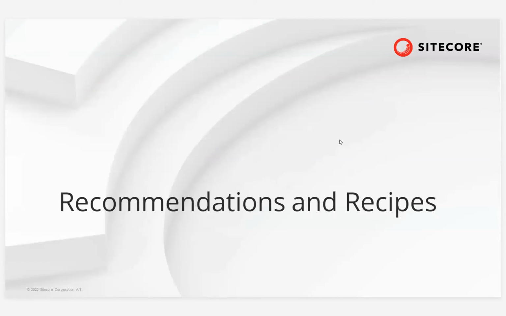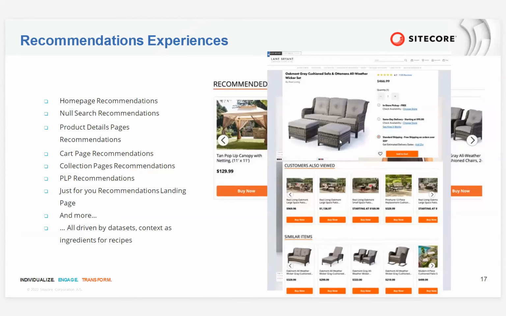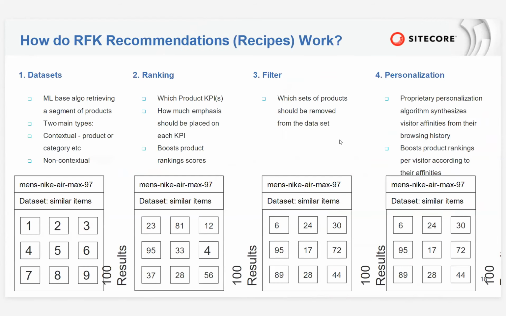So I'll tell you what, in the interest of time, I'll talk a little bit about the recipes first. Normally I'd have done the dataset demo and then come back to the slides, but let's just do all of this. Sumith, you've talked about recommendations. We all know what recommendations look like, and the many different ways that people experience them on a website. So how do recommendations work within Discover?